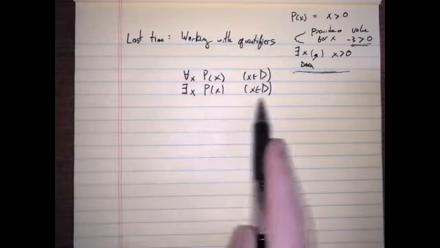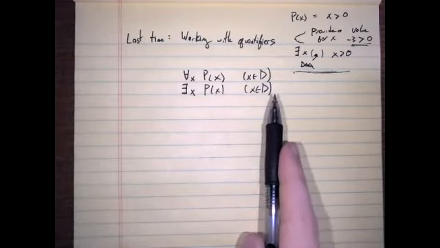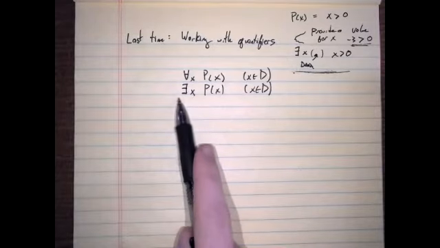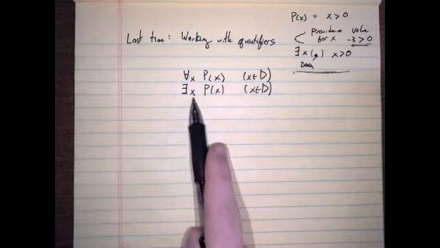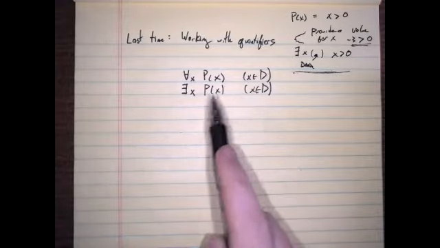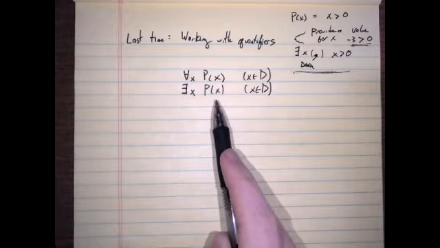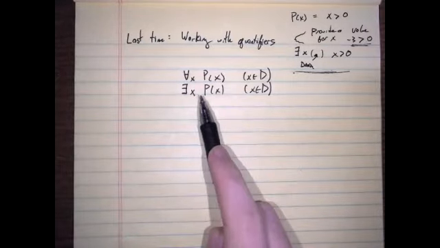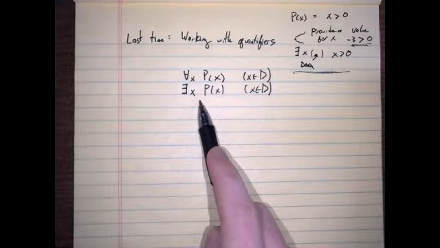And it's false when there are none. Or, in a leading question, having no x's in the domain such that P of x holds is the same thing as having, for every x in the domain, not P of x being true.